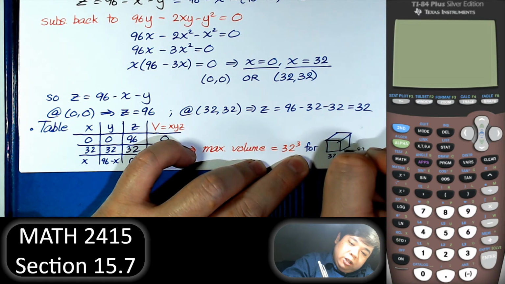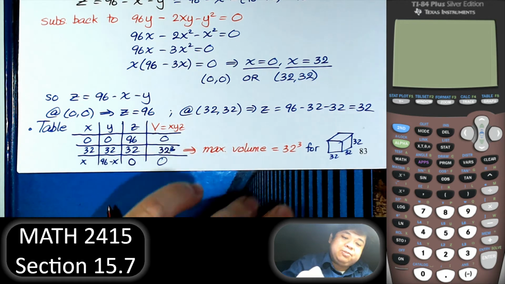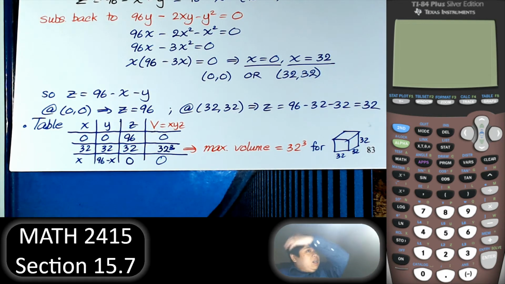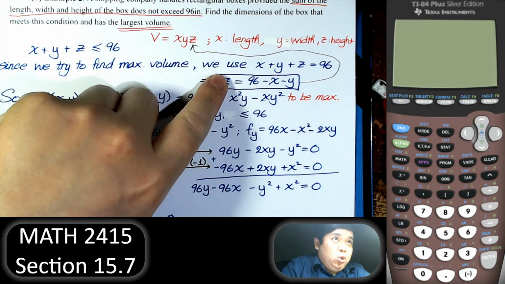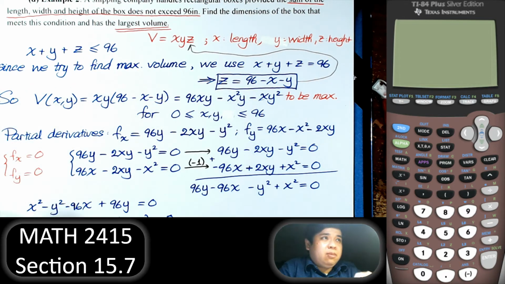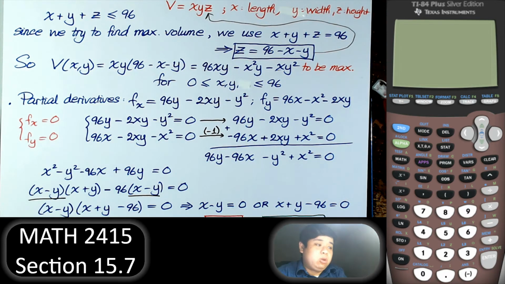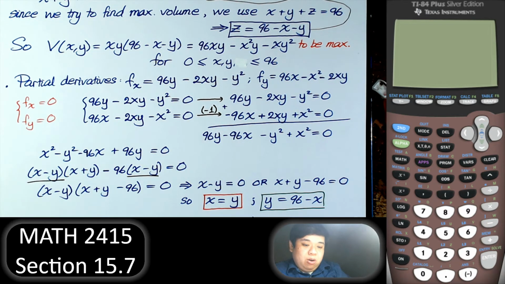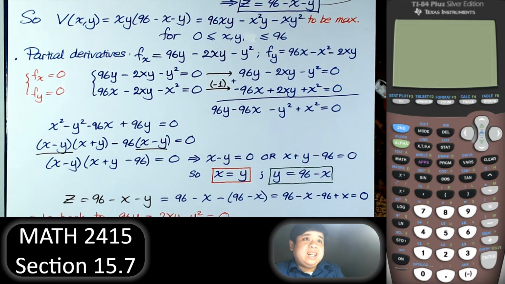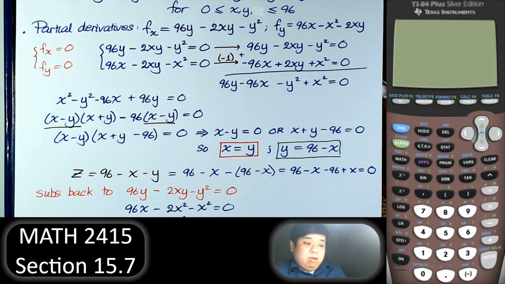Right, so that was quite a lot of work, but we have x, y, z reduced so we only have x and y, still a function of two variables. When we're trying to find the maximum and minimum, we have to look at the boundary. Haven't we considered the boundary here? Actually we did. We have 0, 0 here, so we did actually touch the boundary.